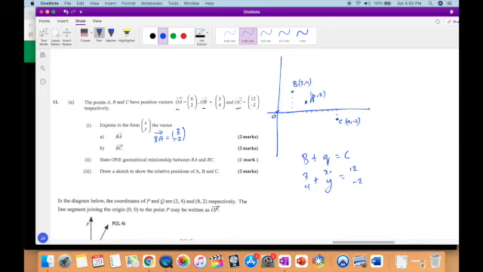So 3 plus what will give me 12? 12 minus 3 is what? 9, 10, 11, 12. So therefore 9 is going to be the x. And 4 plus what will give me negative 2? 4 minus 6 will give me negative 2. And let's check here, from 3 to 12 is 9, and from 4 to negative 2 is minus 6. So BC is 9, negative 6.